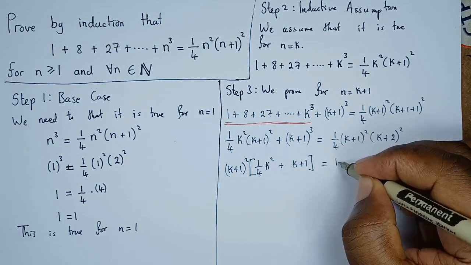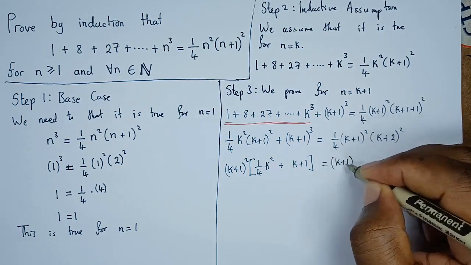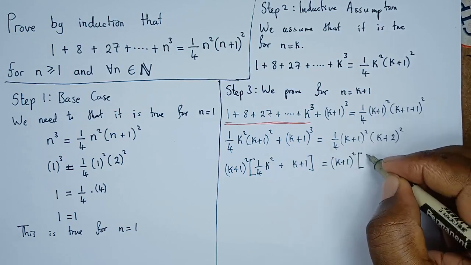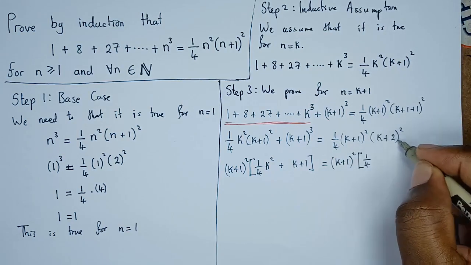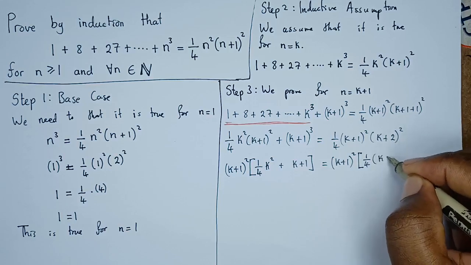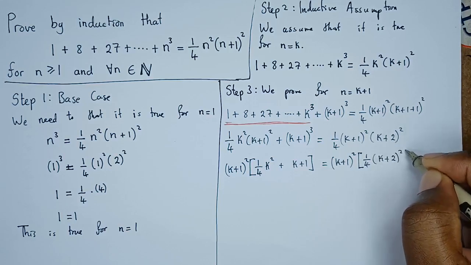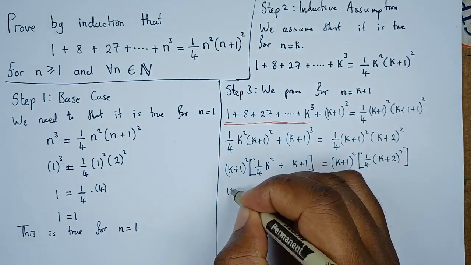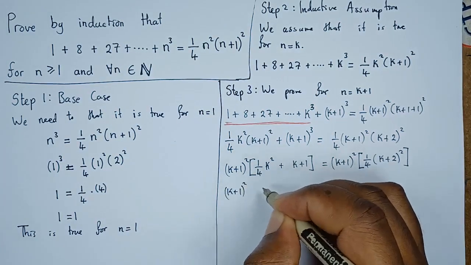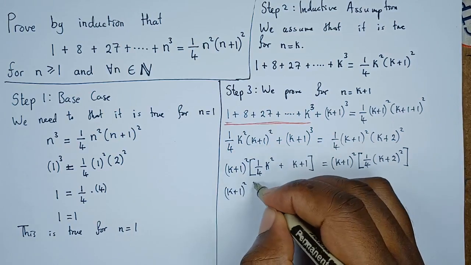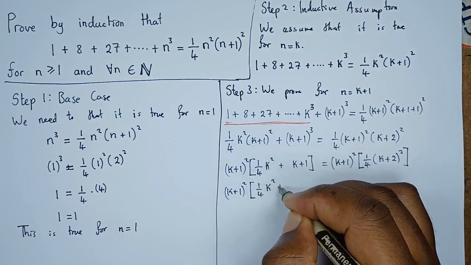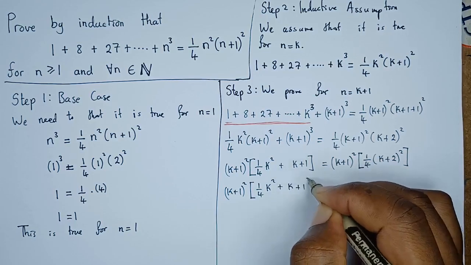So k plus 1 squared, and inside the bracket is simply 1 over 4 multiplied by this, which is k plus 2 squared, like that. So k plus 1 squared, let's just write this as it is, 1 over 4 k squared plus k plus 1.